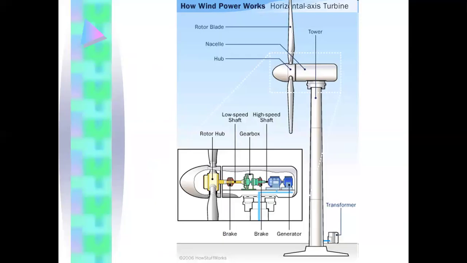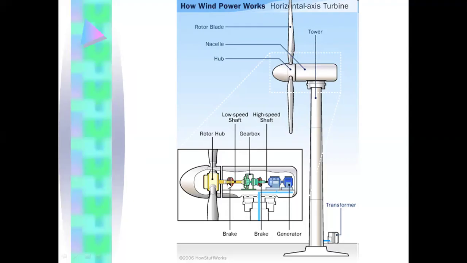These are the parts of the wind turbine. We can say that it is a blade, and it is the tower, and it is the hub. And in the second diagram, we can say that it is the rotor hub. After that there is a brake.